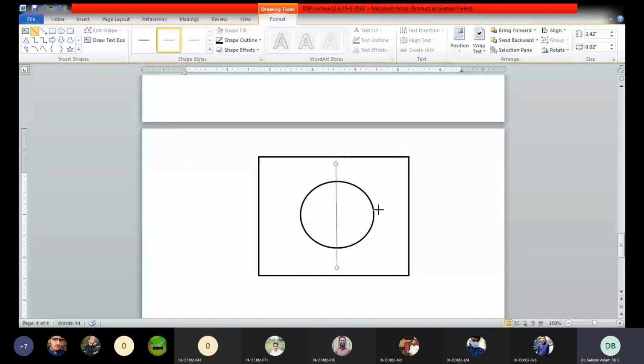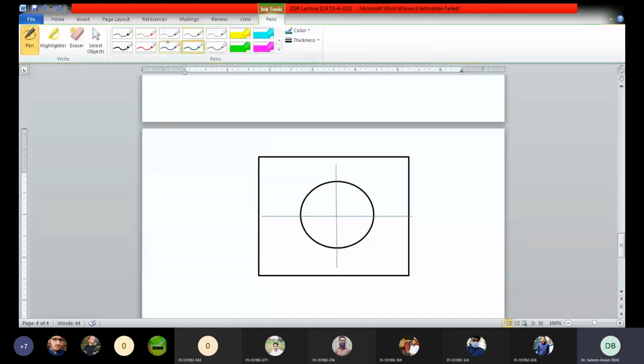Now we can plot the pole zero locations. Let me plot the poles. We always have a zero at 0, and let me plot the poles in green. So we have one pole at 0.3 and one pole at 0.8.